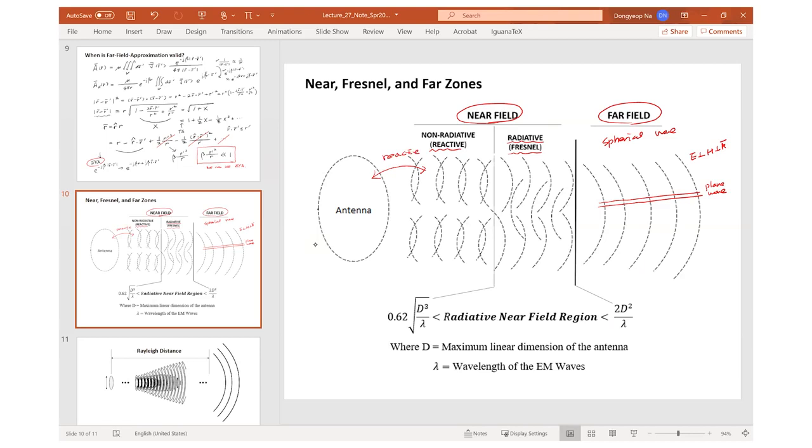In the radiative near zone, or Fresnel zone, the field starts radiating. However, it is not completely a spherical wave, but a kind of transition between the near field and far field. So fields still vary significantly with the distance. It's an intermediate zone between the non-radiated and radiated far field zones.